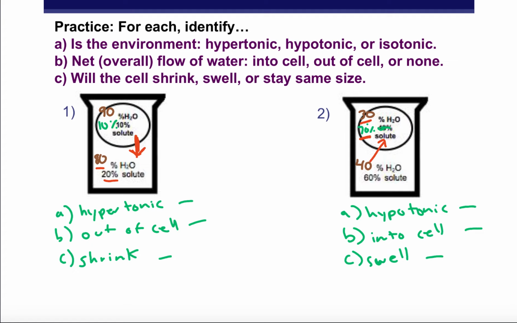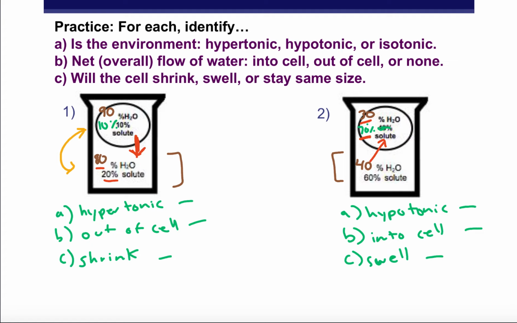Now notice, even though we said the outside was hypertonic on number 1, while the outside on number 2 is hypotonic, you'll notice, hey, number 2 has a way higher concentration of stuff than number 1. That is true, but we're talking about the environment's relationship with its cell. Okay?